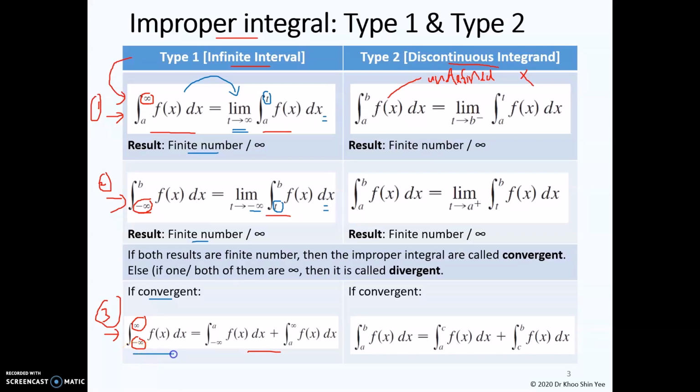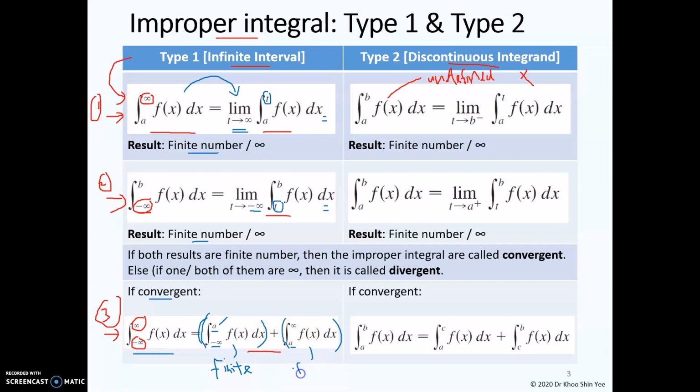To check if you have a solution for the third integration here, you need to perform this operation. So you have negative infinity at the lower limit here. a can be any number. If you solve this and you obtain some finite number, then we say it is partly converged. Then you have to check the second integration here. So you integrate from a to infinity.